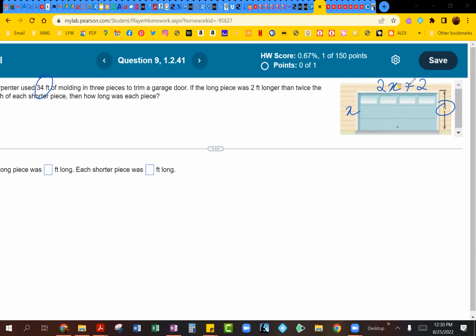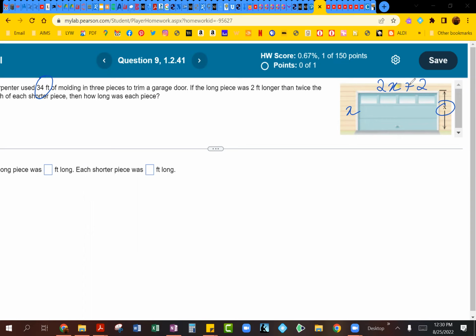All of them have to total to 34 feet. So you're just adding all 3 sides of that trimming to get a total of, think about perimeter. This is a perimeter problem, right? Like if you were putting a fence, which is I think what we're doing in the handout example, if you're putting a fence around a garden, let's say, it would go on all 4 sides. So that's your perimeter. We would add that.